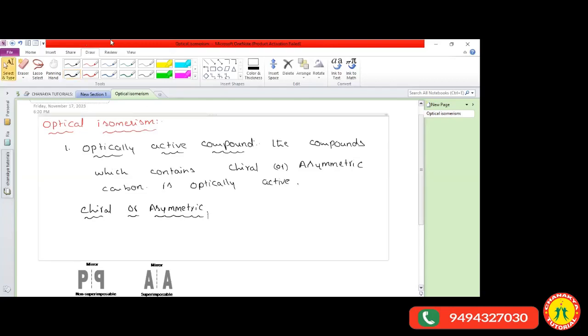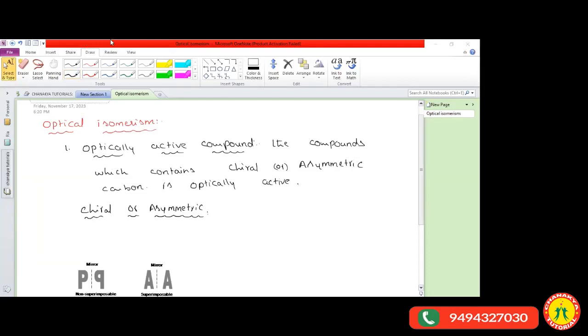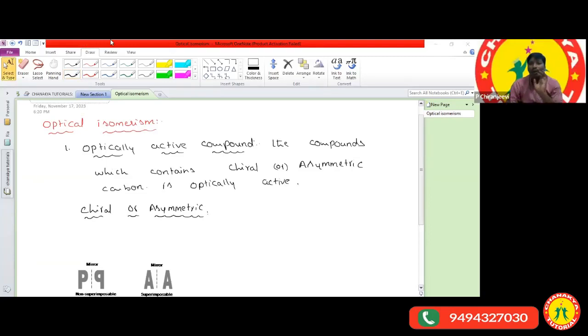Different size. So according to that, let us see how we can define chiral carbon. In Kannada also, kai means hand, and in Tamil also, kai means hand.